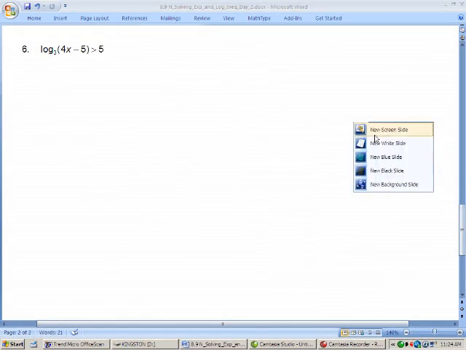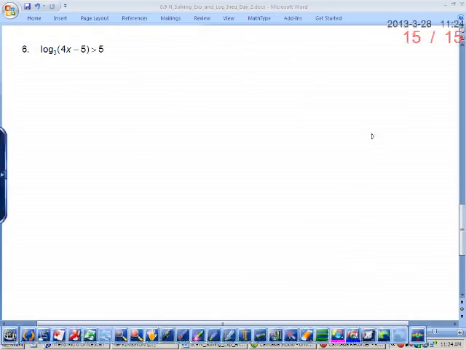It has a log base 3. You should know 3 to the 4th, so all you need to do is multiply it by 3.